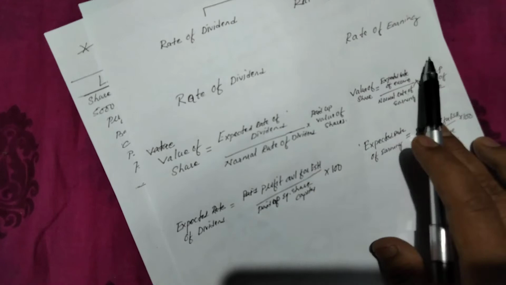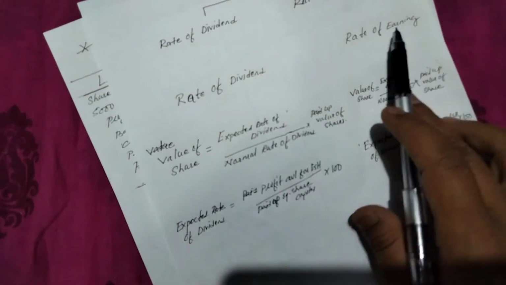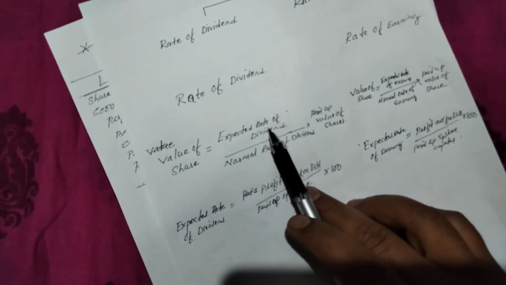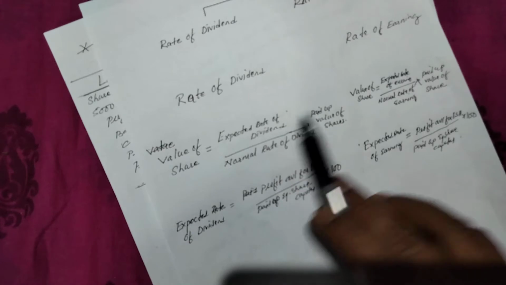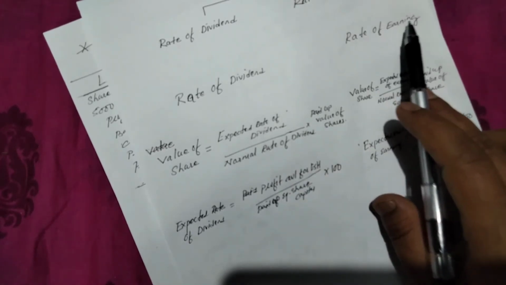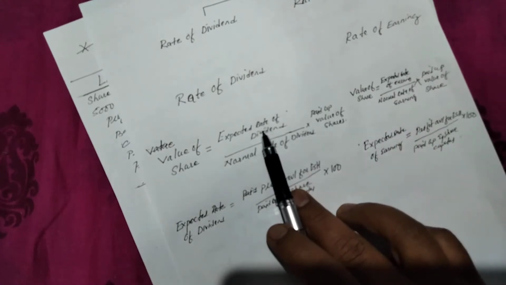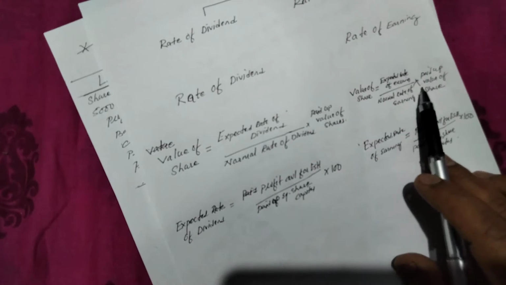The formula is almost the same in both methods. In case of dividend you write dividend, in case of earning you write earning.